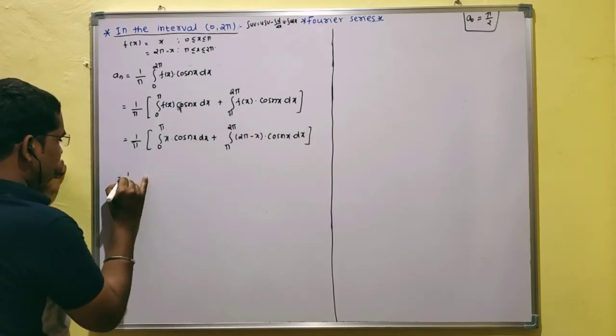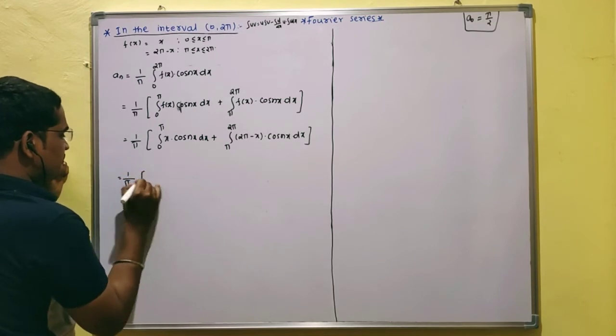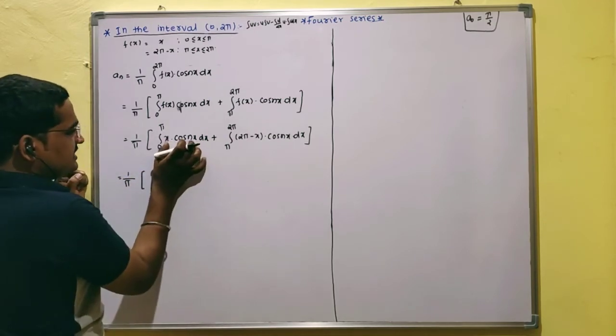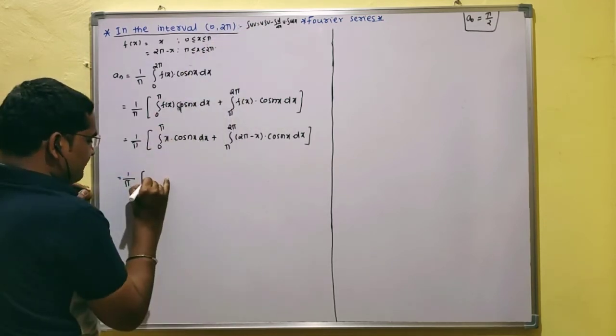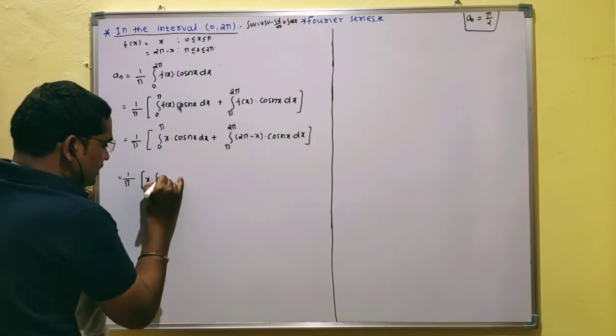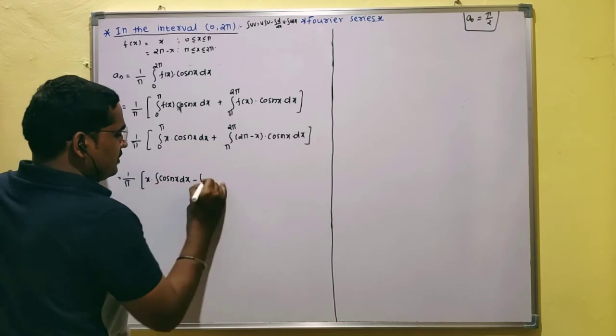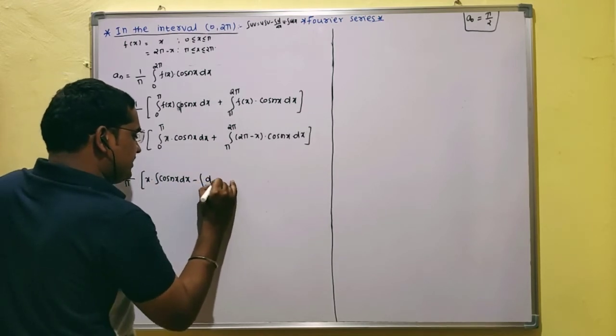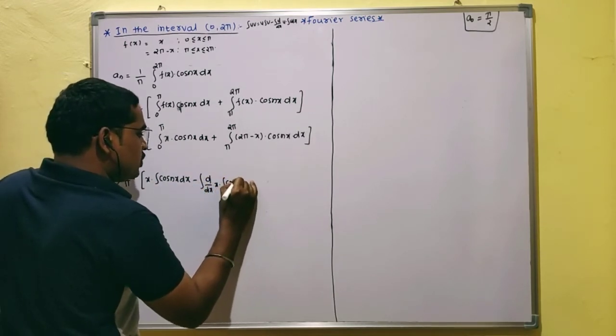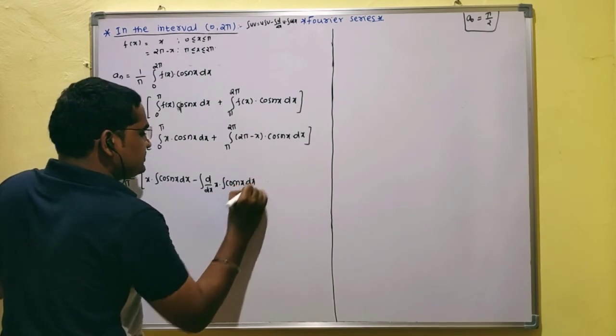Please see very carefully. Now solve this integration by using this formula. First function as it is into integration of cos nx into dx minus integration of d by dx of x into integration of cos nx into dx, okay.